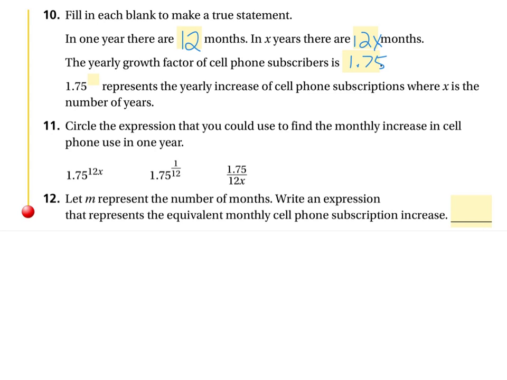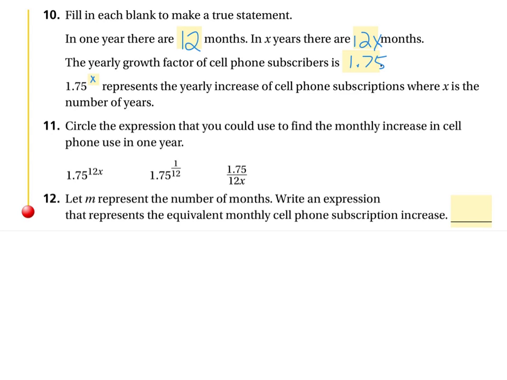Now, as we just discussed earlier, it starts out at 100% because that's the total number they have, and it increases 75% each time. 1.75 raised to the X represents the yearly increase of cell phone subscriptions, where X is the number of years.